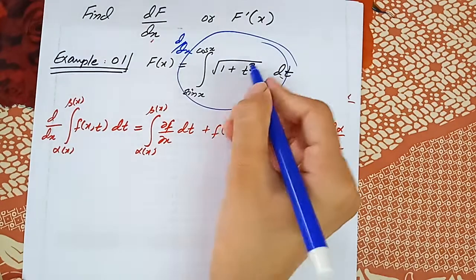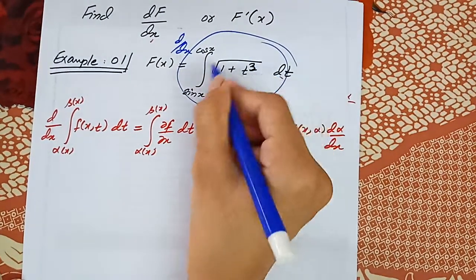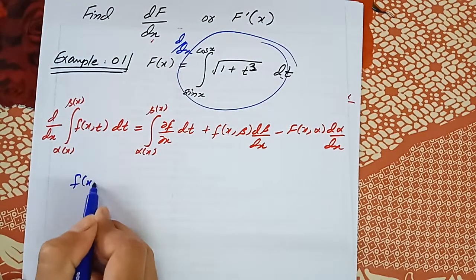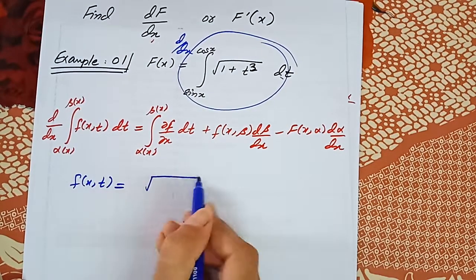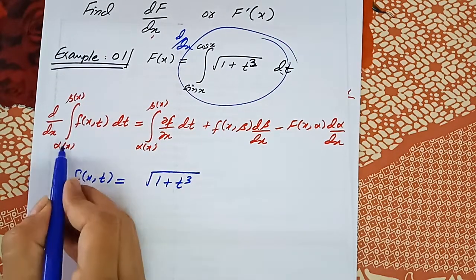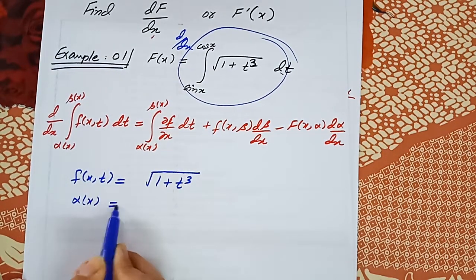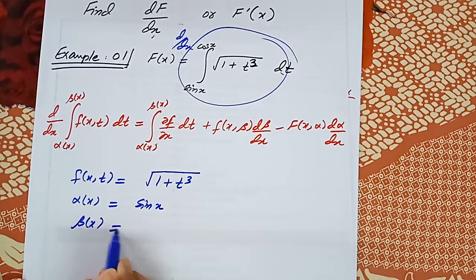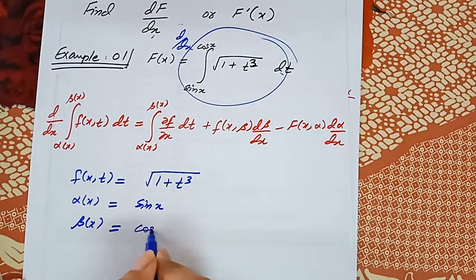You know that this integrand is your f of x, t. Right now your f of x, t is square root 1 plus t cube, and your alpha of x here is sine of x, and your beta of x is cosine of x.